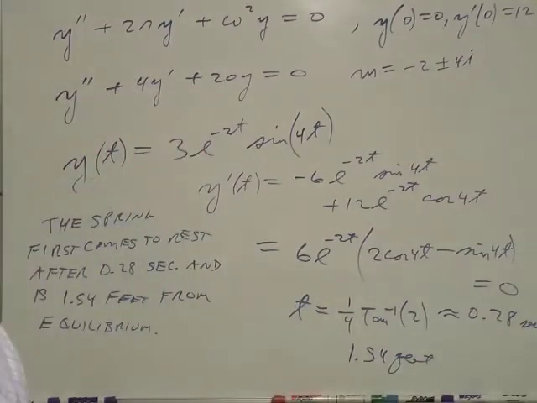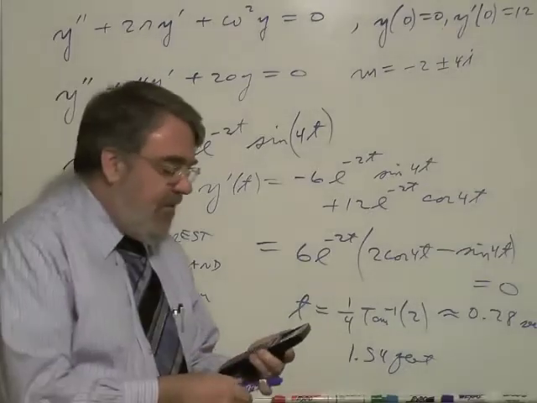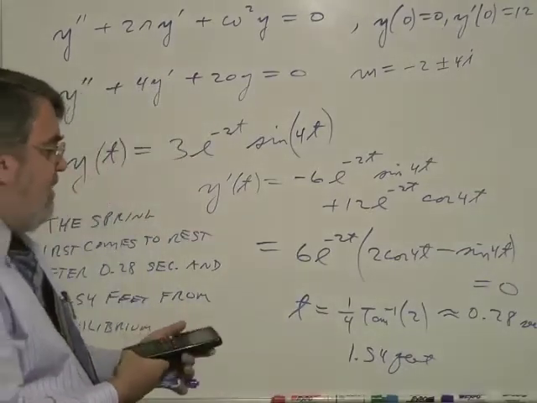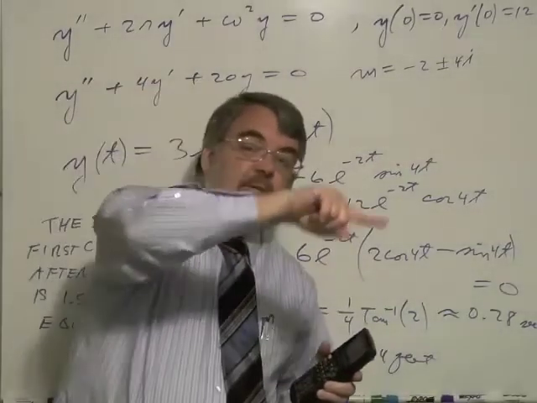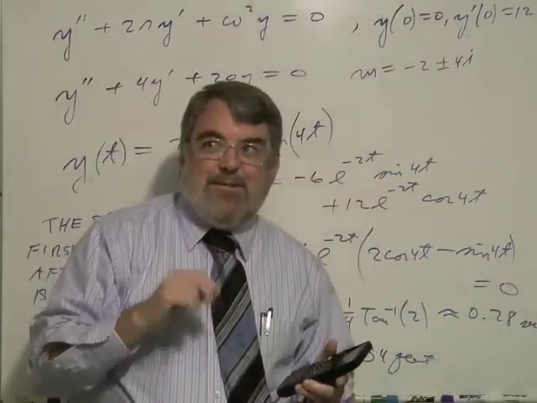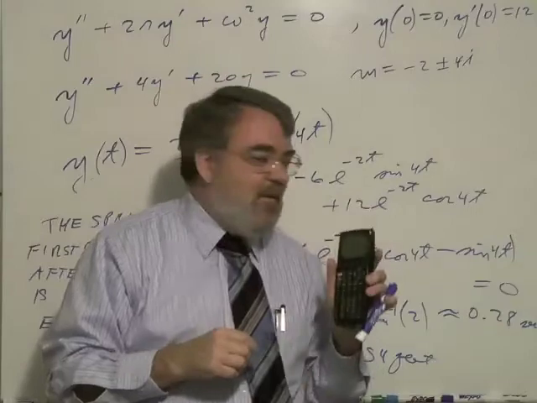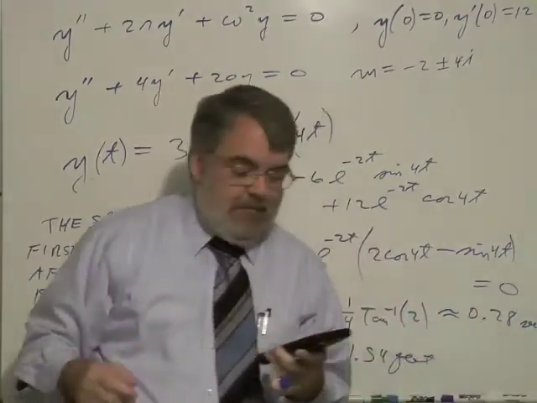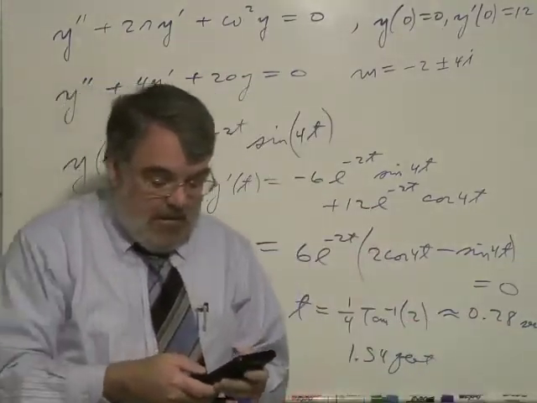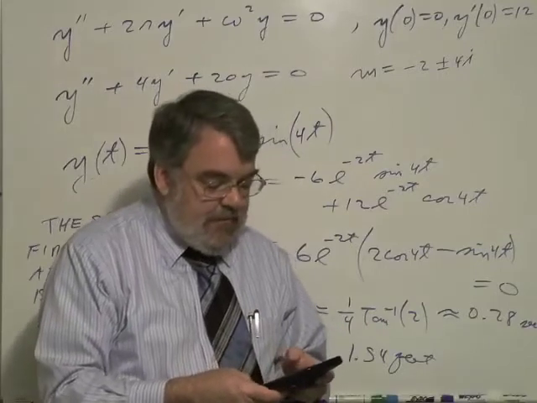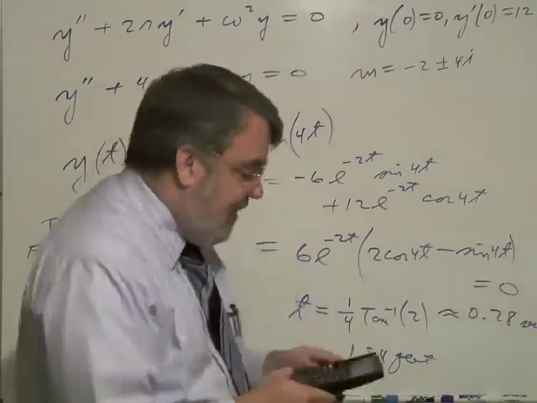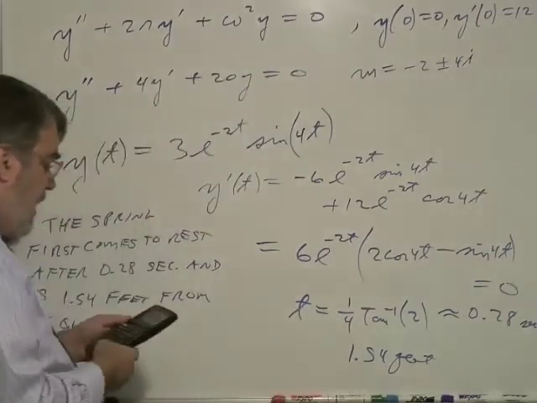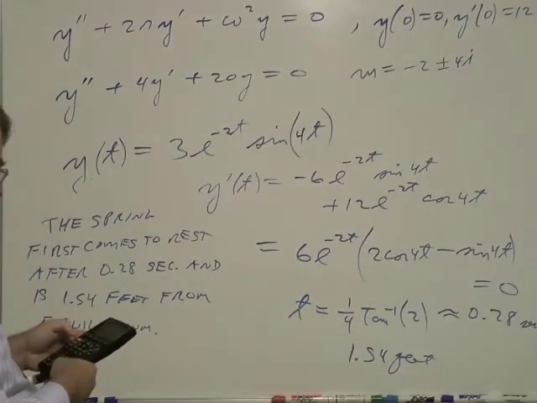I'll just do that on my calculator. So I had stored as x this time value, and one period takes pi over 2 seconds, 1.5 seconds. So to this decimal number, I'm going to add pi divided by 2. I get 1.847 something seconds. And so I'm going to store that as x.